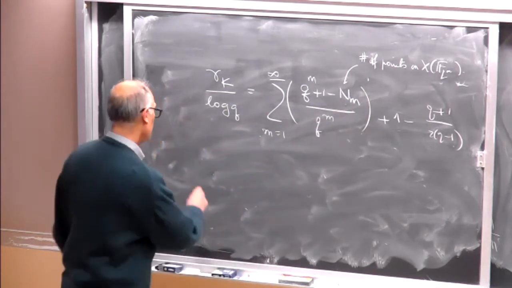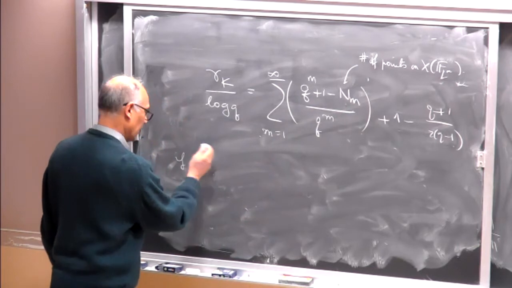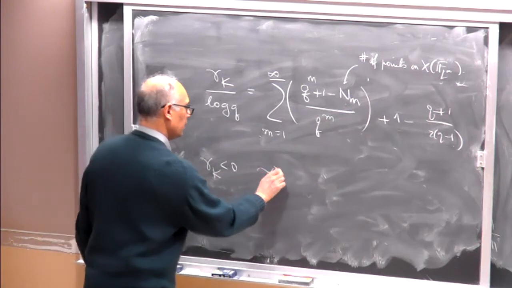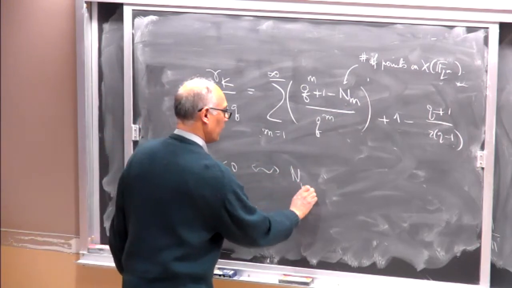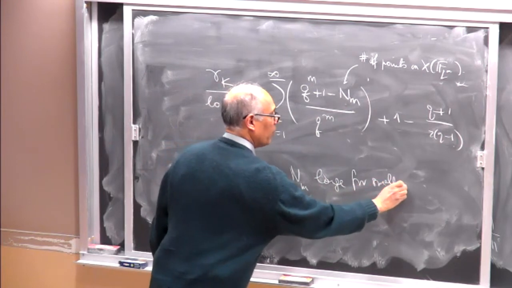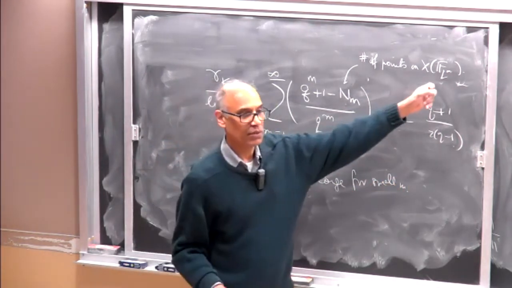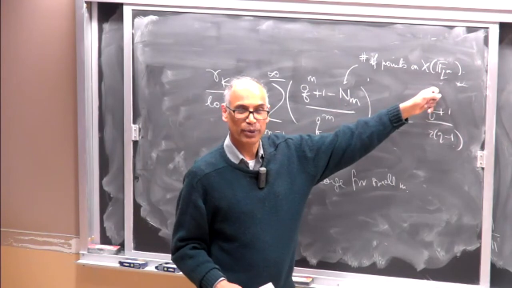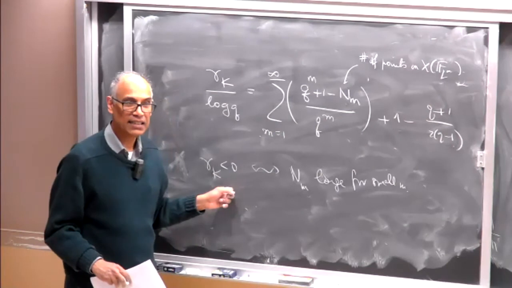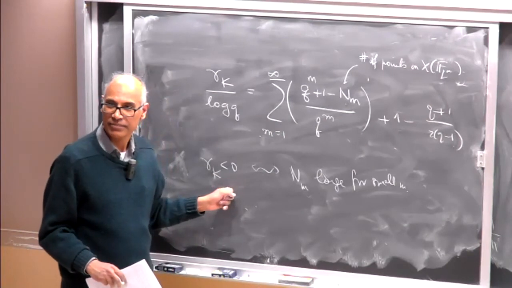That works the other way around too. Gamma k being negative is essentially the same as n sub m large for small m. Small m means that over small extensions of the base field, I'm getting lots of points. Therefore, it becomes interesting to study the sign of gamma k.